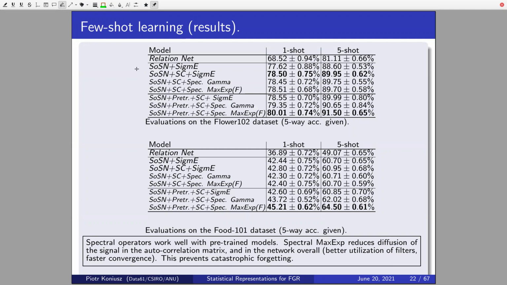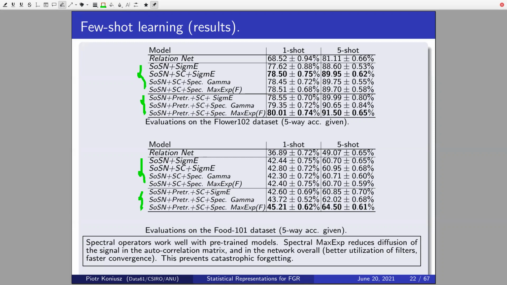Now, those tables contain many results, but the important message here is that if the network is pre-trained on one data set and we want to fine-tune it, it turns out that the spectral operators are better at it. If we train the network from scratch, element-wise operators are enough. And this behavior actually showed up on several data sets. After studying what happens there, we concluded that the spectral form of this power normalization essentially reduces diffusion of the signal in the autocorrelation matrix.